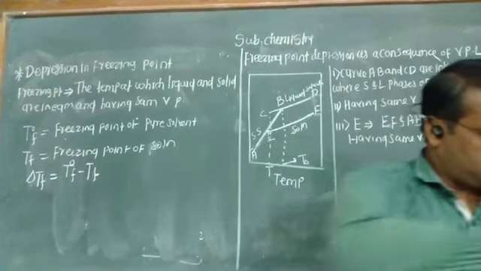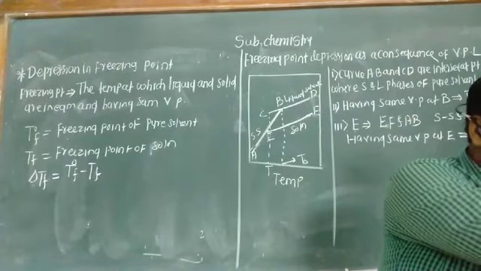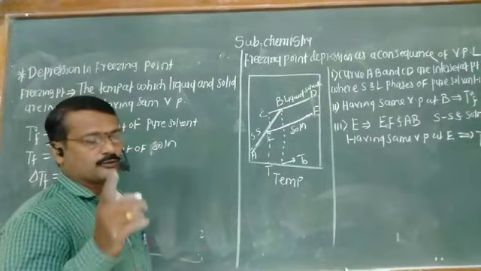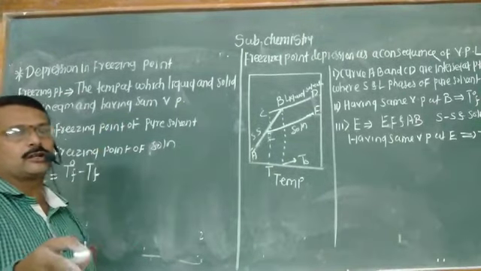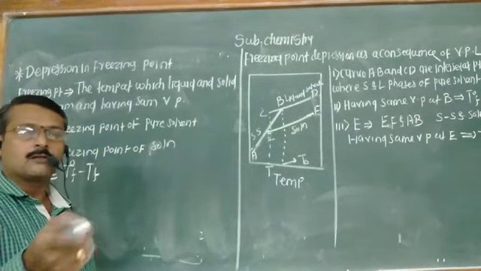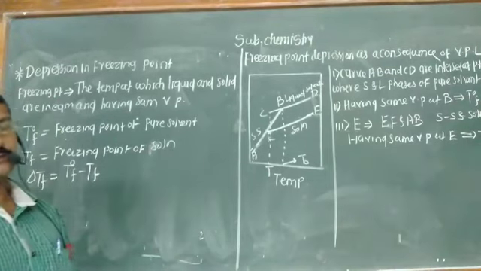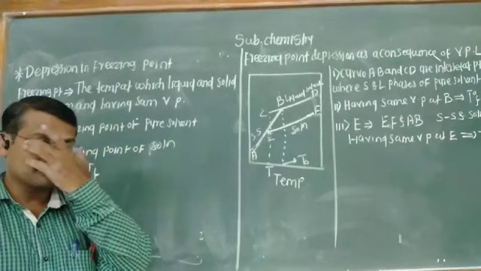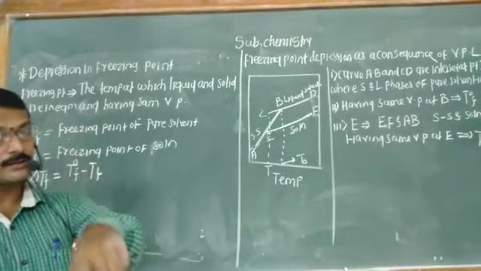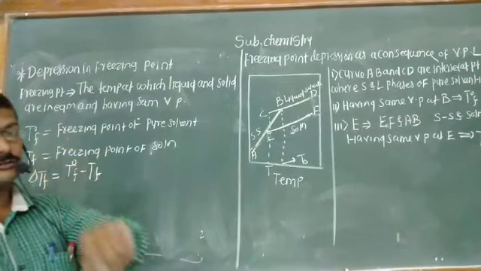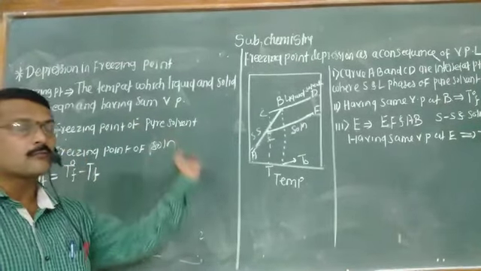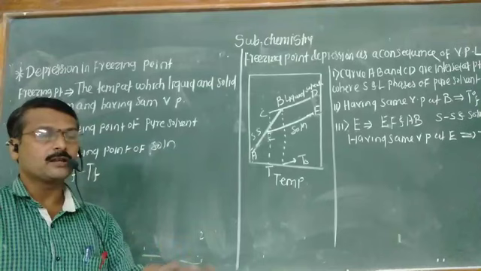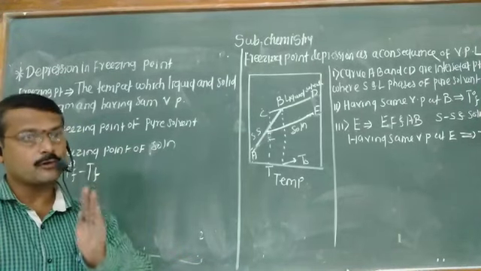So we can say that the freezing point of a solution containing the non-volatile solid is lower than that of the pure solvent. Just as we saw in lowering of vapor pressure, if a non-volatile solute is added to a solvent, a solution forms and its vapor pressure is lowered. Similarly, if we add a non-volatile solute, its freezing point is lowered. So the freezing point of the solution having a non-volatile solute is less than that of the pure solvent.